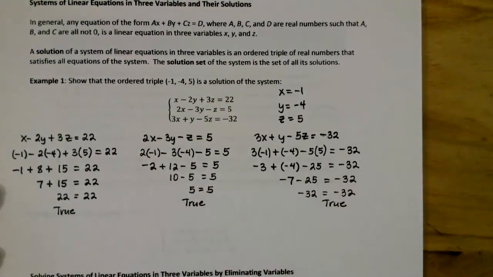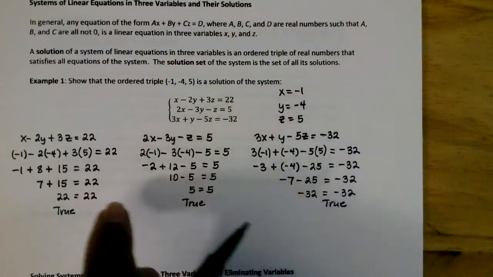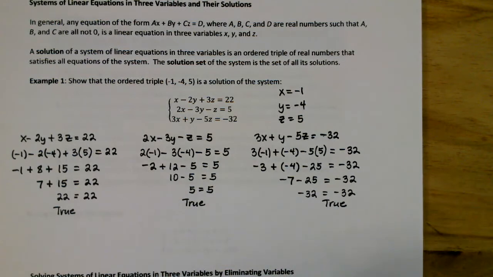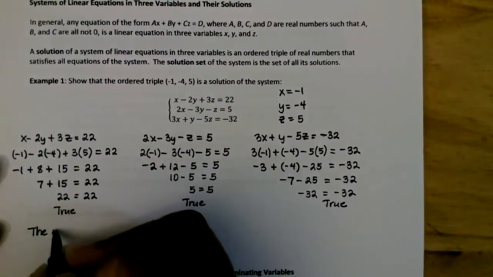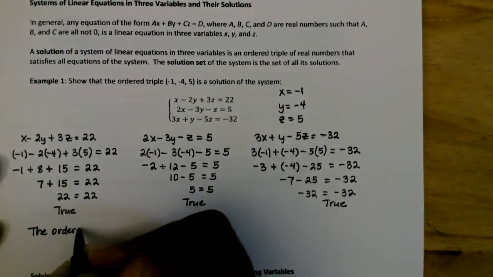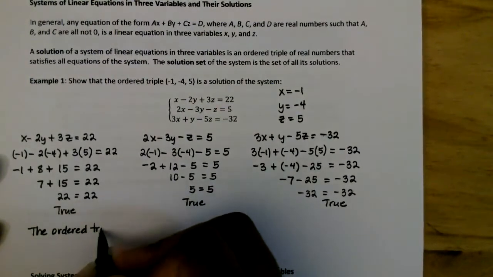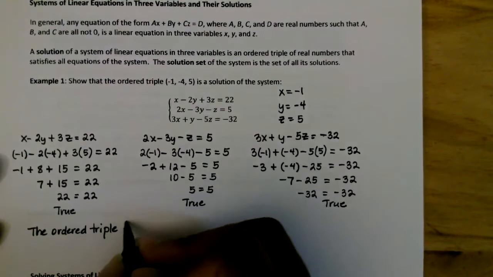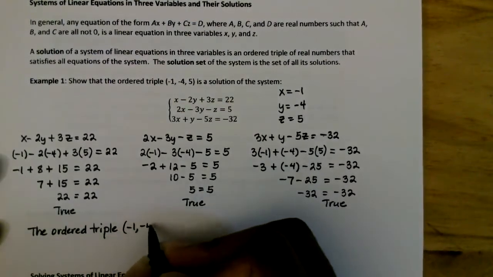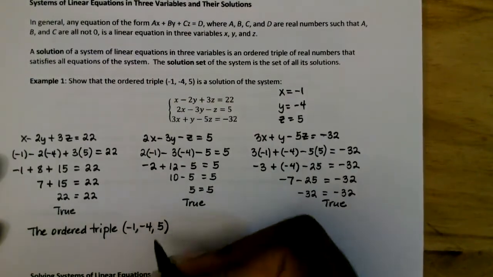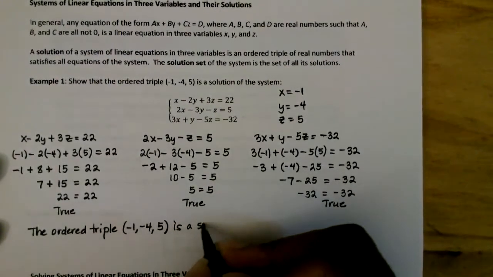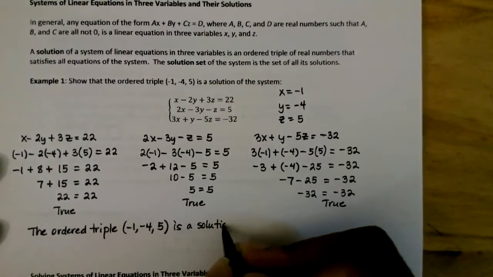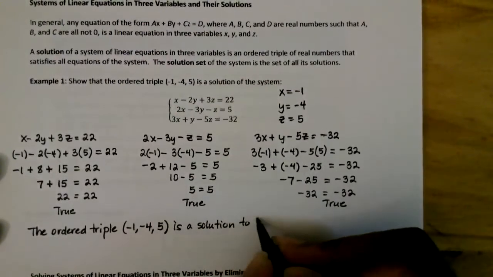So this is true. So you can see that this ordered triple is true for all 3 equations. So I can say here that the ordered triple -1, -4, and 5 is a solution to the system.